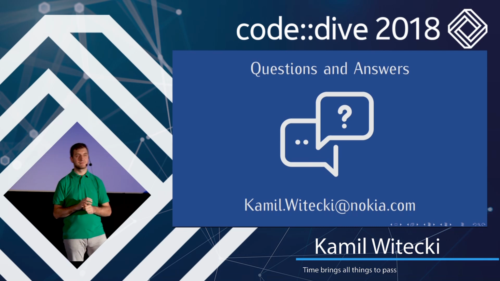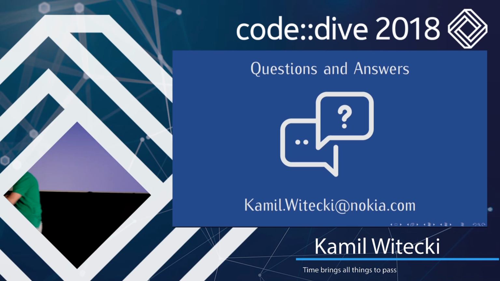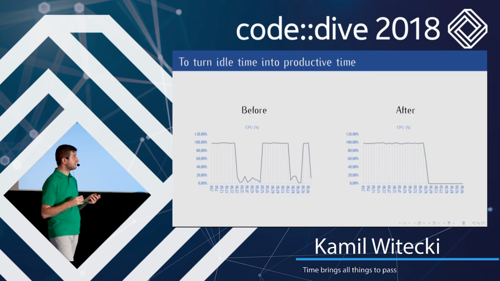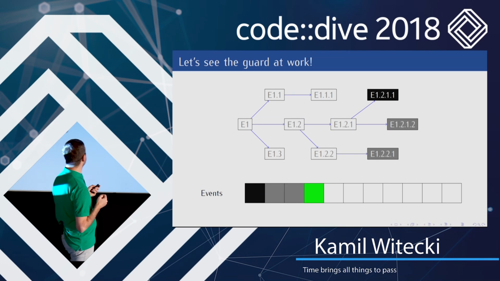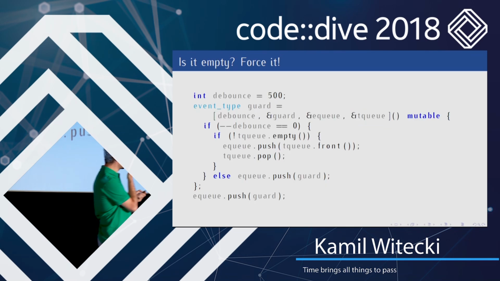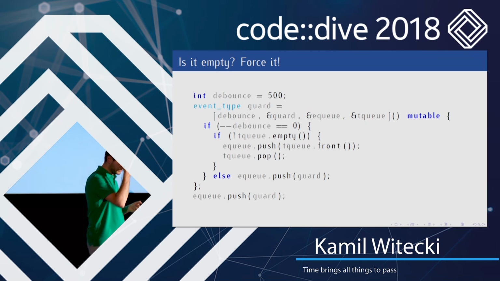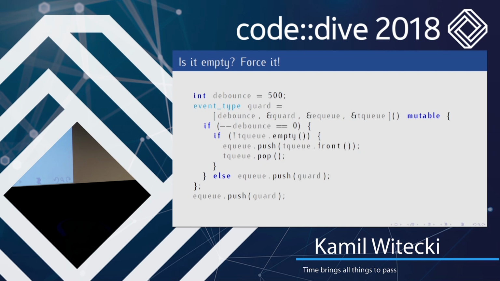Good question. Can you get back to the place where you had debounce 500? Sure. Would you like the implementation of an event in C++? Yes. I have the problem understanding if it's not conceptually the same as having a for loop with 500 iterations of push and pop.